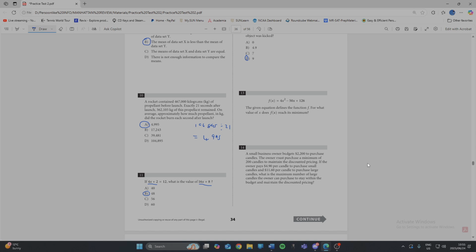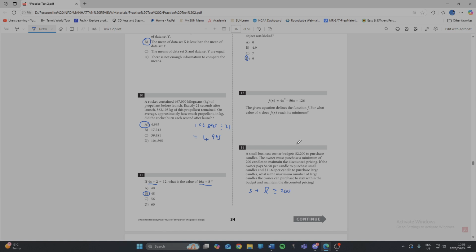Okay, so first of all, to maintain the discounted pricing, you must buy a minimum of 200 candles. So we will call the small candles S, and we will call the large candles L. So S plus L would have to be larger or equal to 200, because the total amount of candles needs to be at least 200.